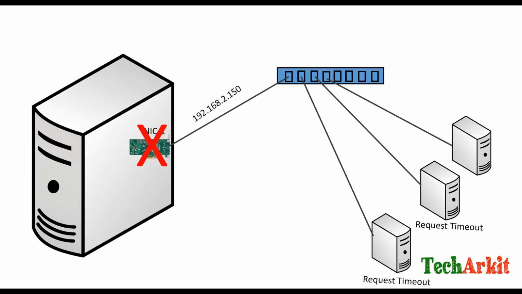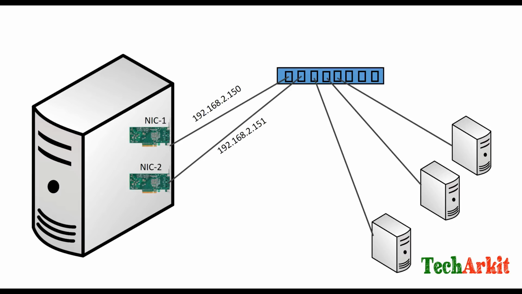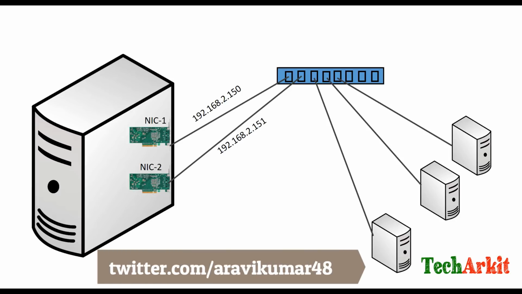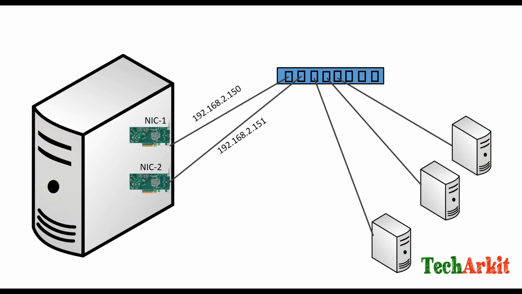Let's see another scenario. I have a machine with 2 NIC cards. In this case both the NIC cards are working individually, and the server is configured well with the application.